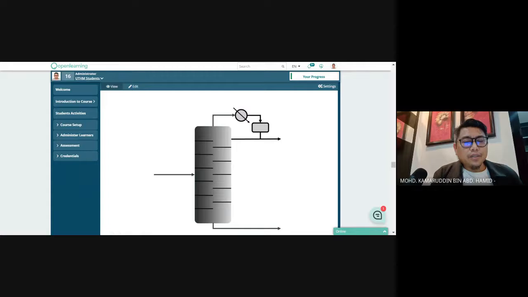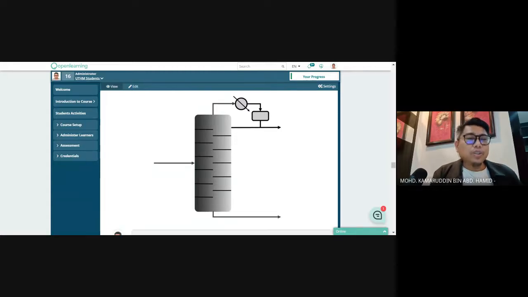So, fail. Because in this case, the product that we call distillate should be in the liquid form. Selagi you tak able to condense CO2, then your separation is failed.